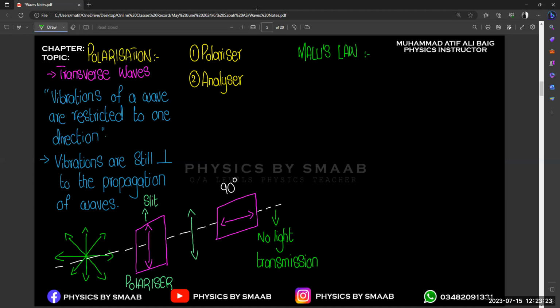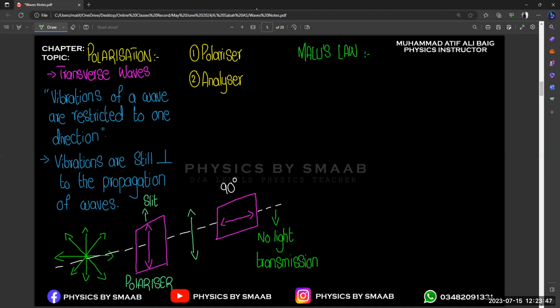In Malus law, it was stated that when light initially passes through the first polarizer, it is reduced to half of its original intensity, right? Let's suppose if the intensity of light is 20 something, it is going to be half, that will be 10, right?